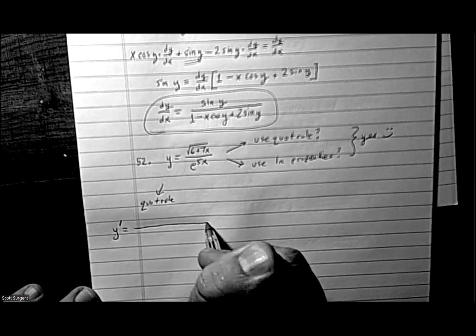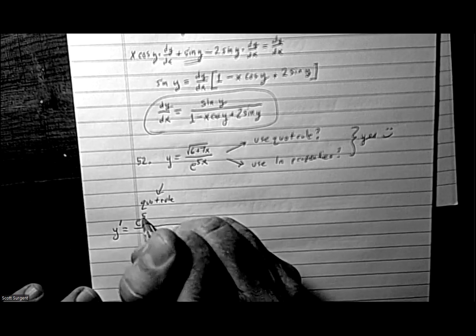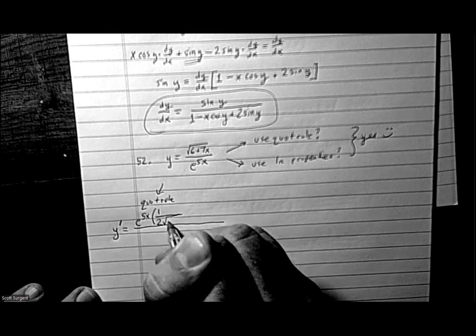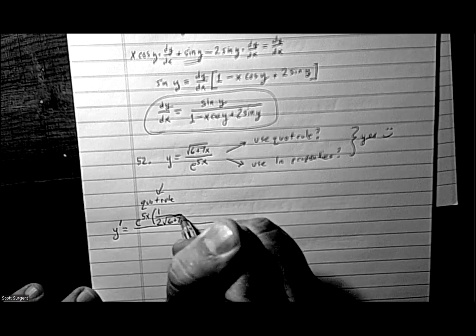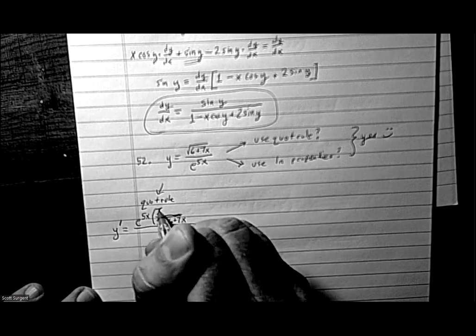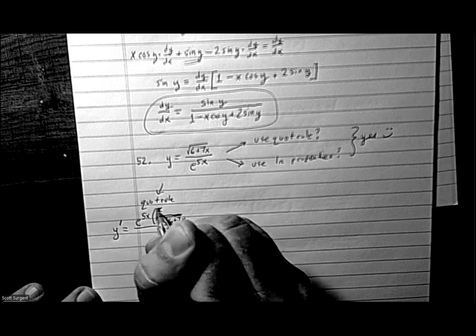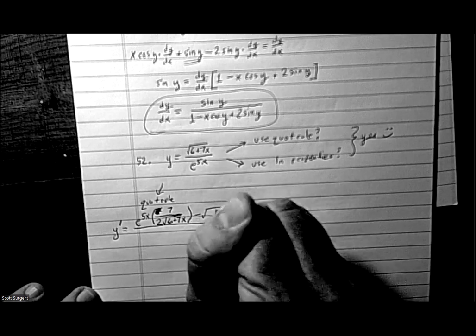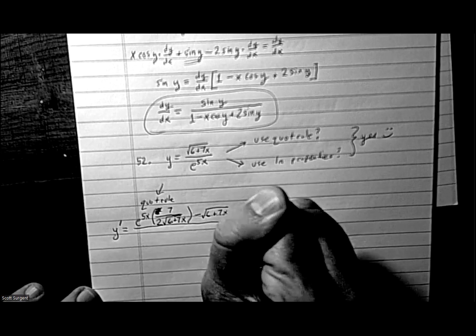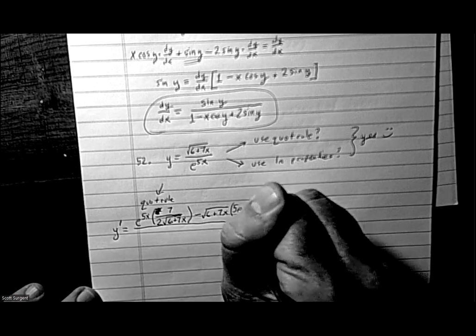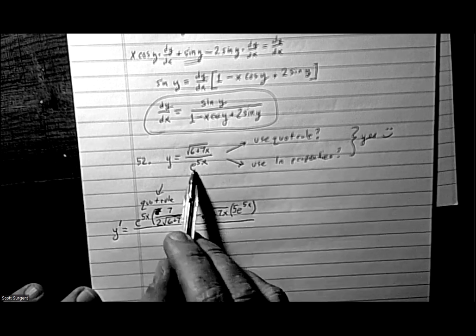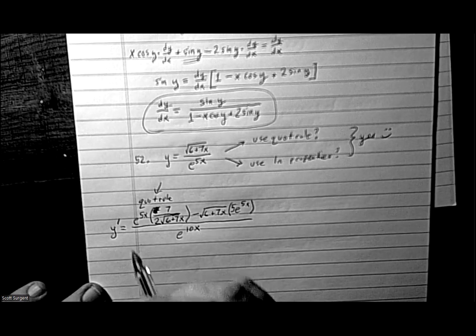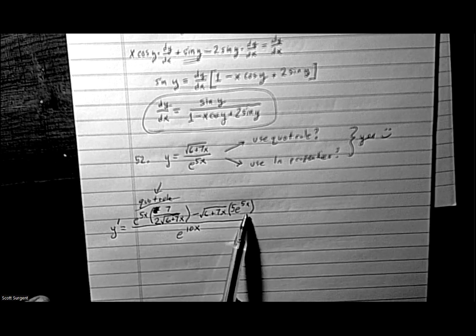It's going to be bottom times derivative of the top, and then I have a chain rule that's going to turn this into a 7, minus the top times the derivative of the bottom, which is 5 e to the 5x, all over the bottom squared, which would be e to the 10x. That's the quotient rule. Now, this is correct, but it is messy.